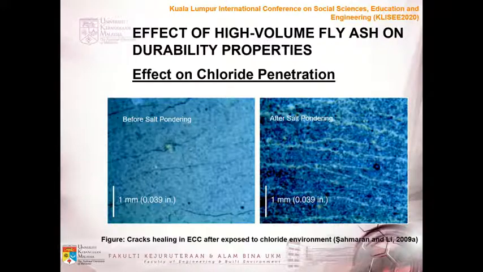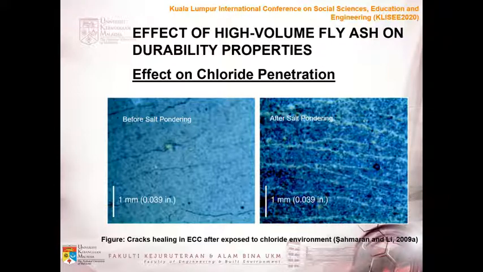This picture shows the crack healing in ECC after exposure to a chloride environment, reported by Sahmaran and Lee. On the left-hand side we can see the picture before salt ponding. You can easily see the microcracks, which are less than 1 millimeter.